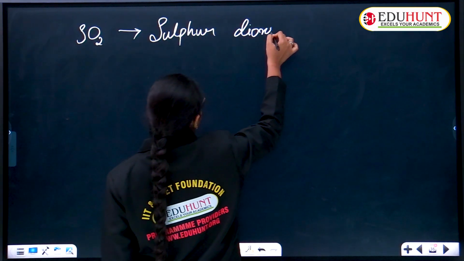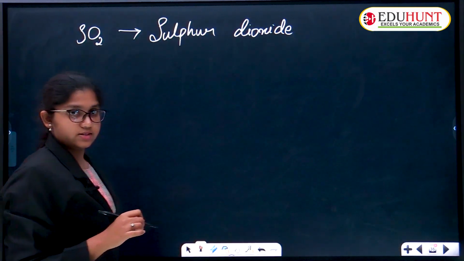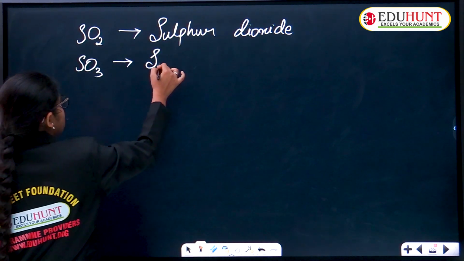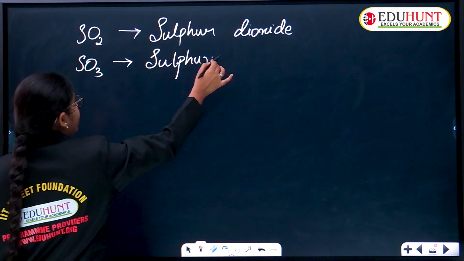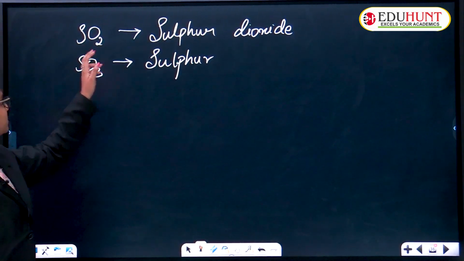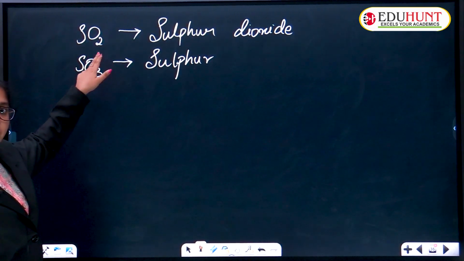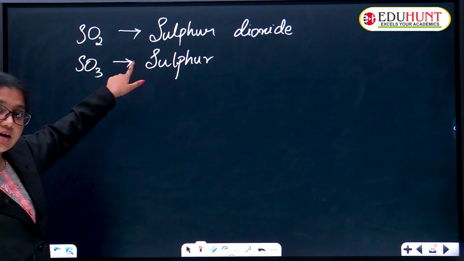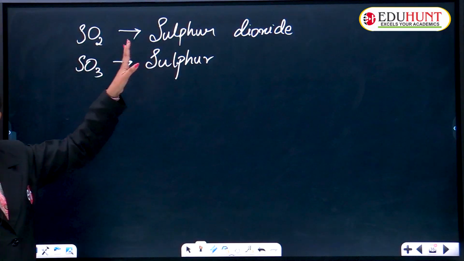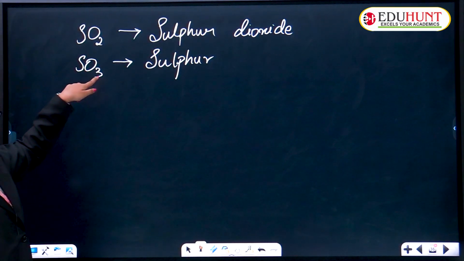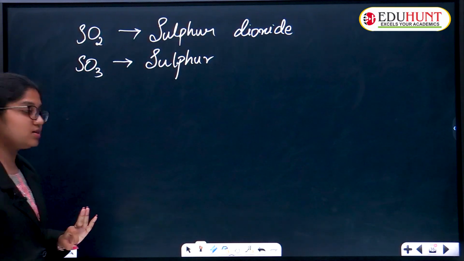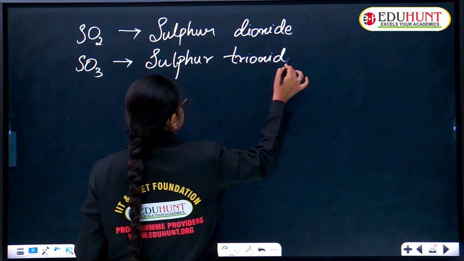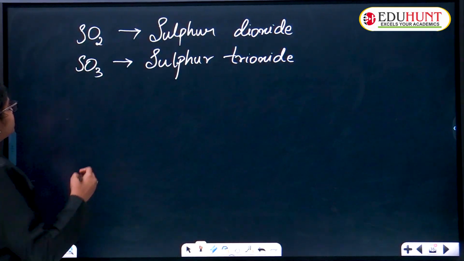As I told you in previous videos, S means the element sulfur and O means oxygen, so O2 is di, dioxide. Now, SO3: S is sulfur, and 3 oxygens means trioxide, sulfur trioxide.